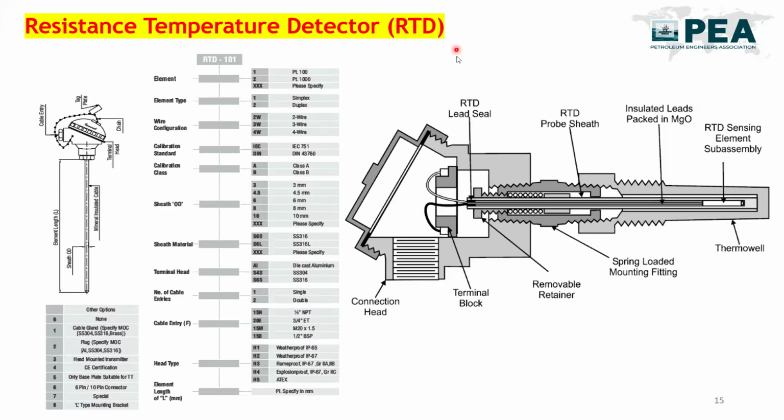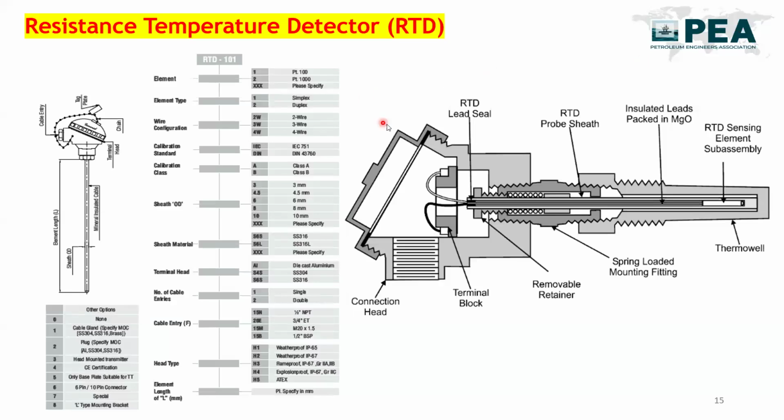The first way is to connect your RTD directly to a junction box, and a cable will connect from the junction box to the control system. In this case we are not using any transmitter, so we need to use an RTD card at the control system end. Here we are saving the cost of the transmitter, but we need to use the RTD card at the control system.